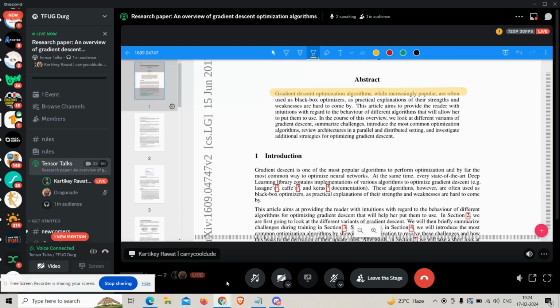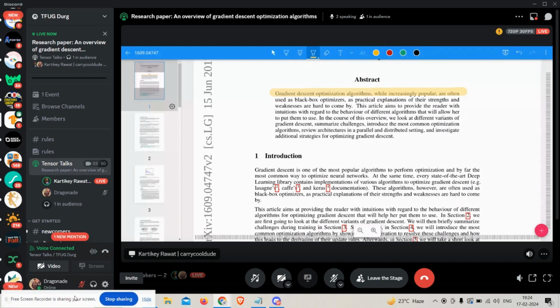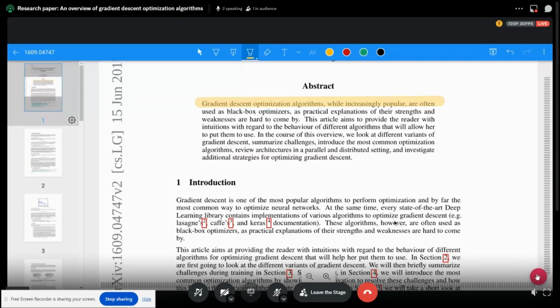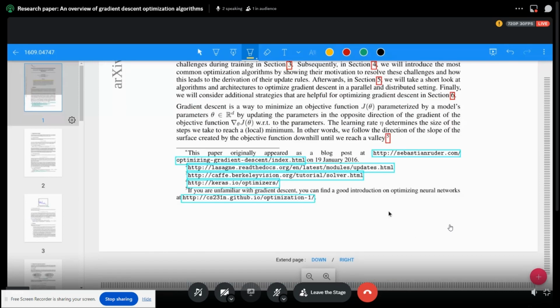Why did gradient come into play, we will talk about that. In the contrary, I will take an example with some data points and try to explain that part of it. For now, I will switch back and forth between one and two. But yeah, let's go to the introduction part.